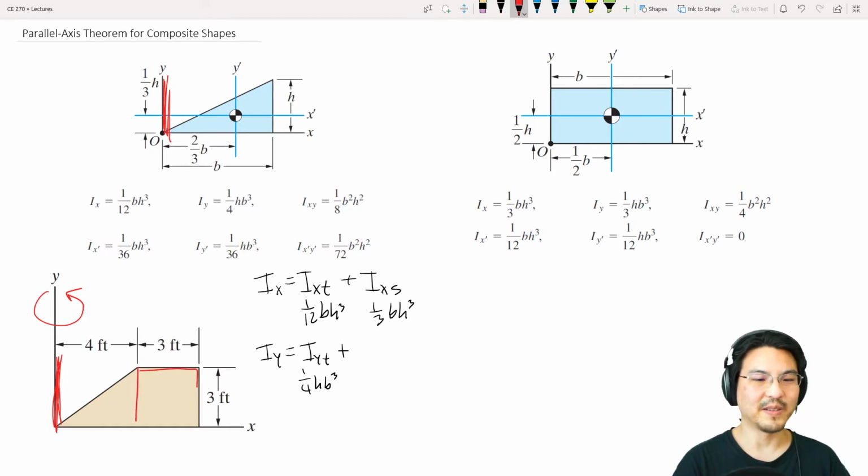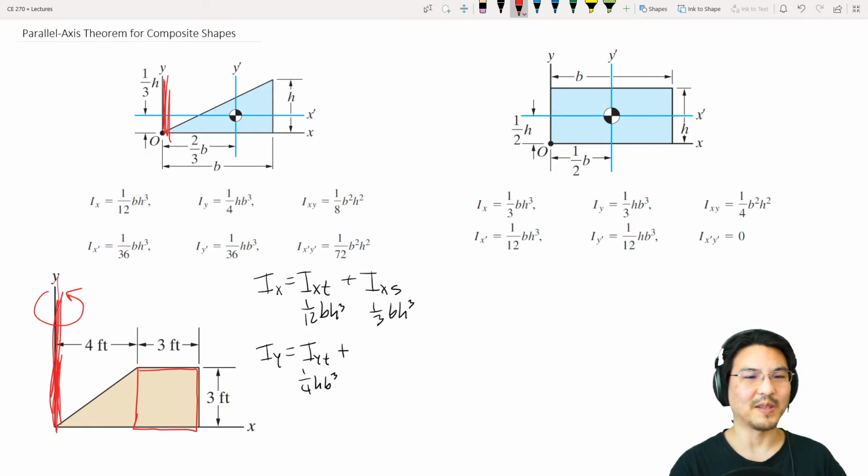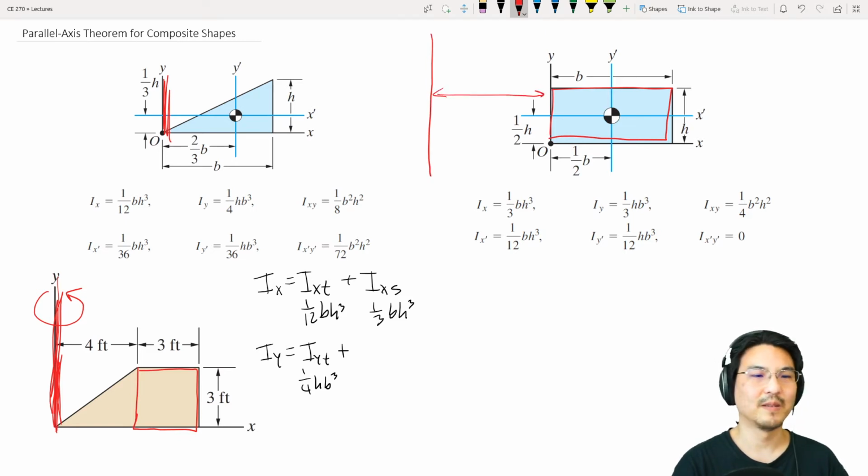So the square is here, and we want to rotate about the y-axis here. That is not how it looks in the appendix. Right, we have a rectangle here, and we want to rotate about an axis here, which is 4 feet away from the edge. I'll call this maybe capital Y.